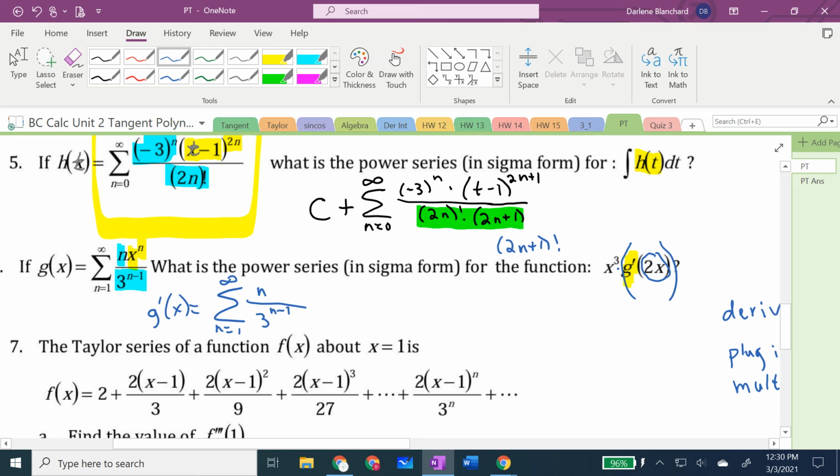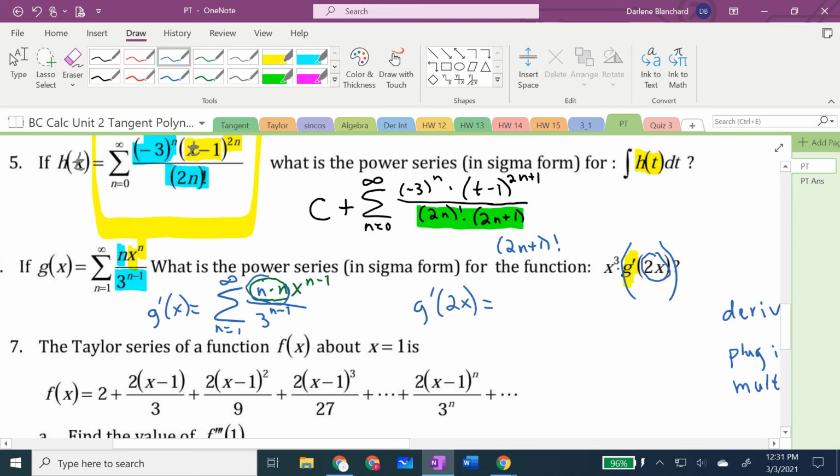And then taking the derivative, we bring the exponent down, subtract 1 from the exponent. And if you like, you can change that to n squared. That was the first thing. Second thing, g prime of plug in 2x.